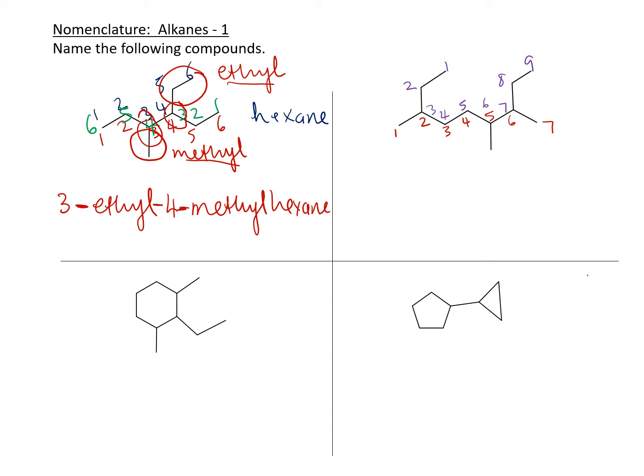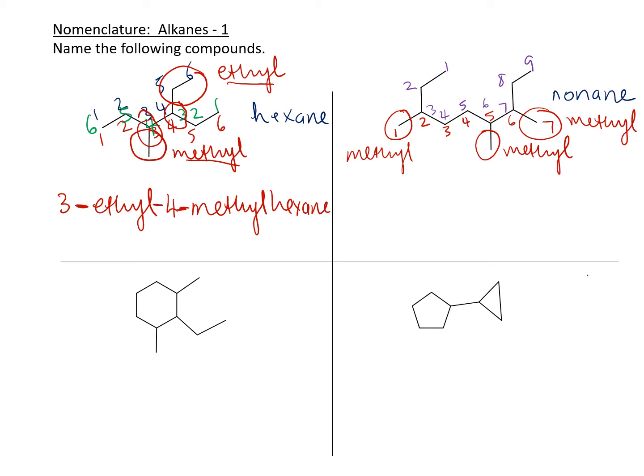So which means that my base name is going to be nonane. Now I'm going to go ahead and find out all the substituents that I have. Starting from 1, 2, right here I have a methyl group, here I have a methyl group, and here I have a methyl group as well.